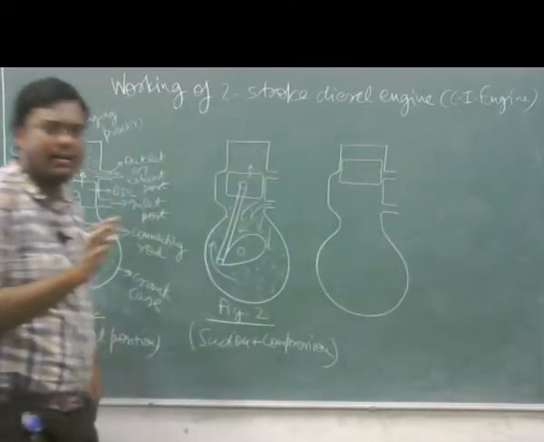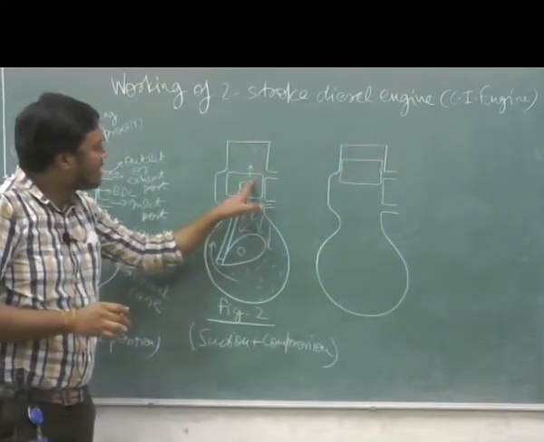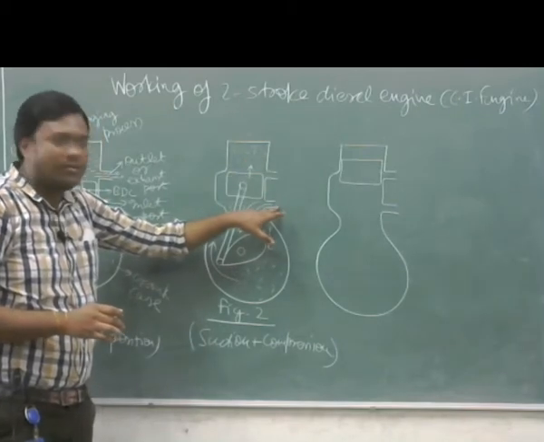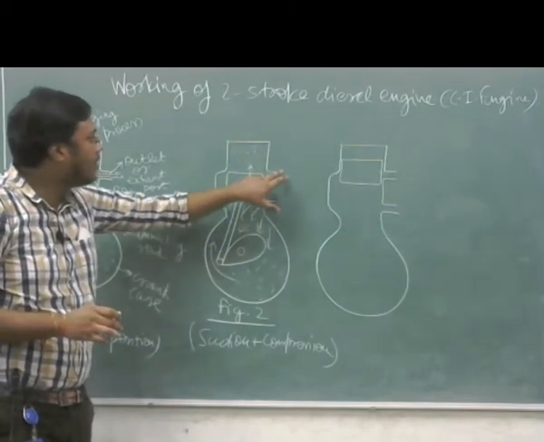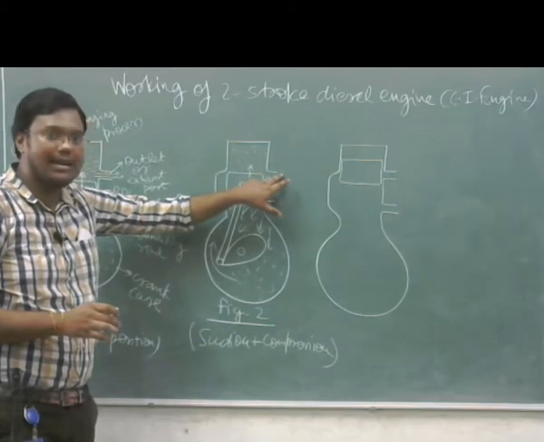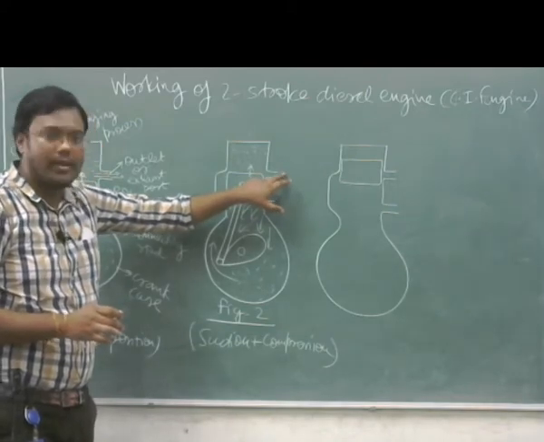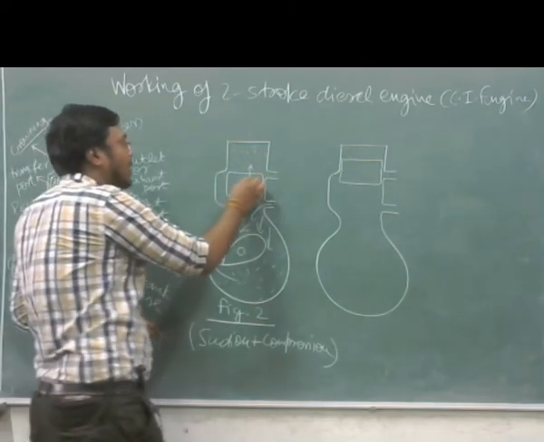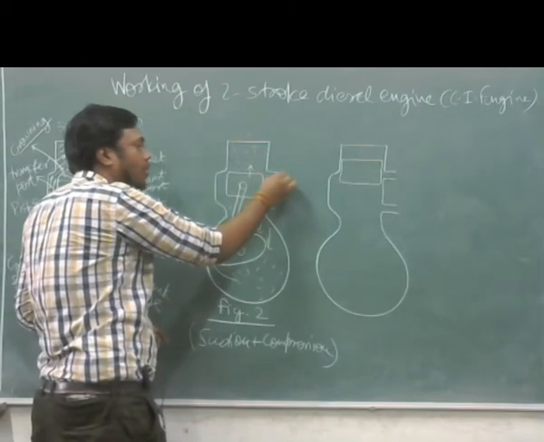Another thing we can see here: when the piston is moving towards TDC, the inlet valve opens and the outlet valve starts to close, because this piston is now coming in front of this outlet valve.